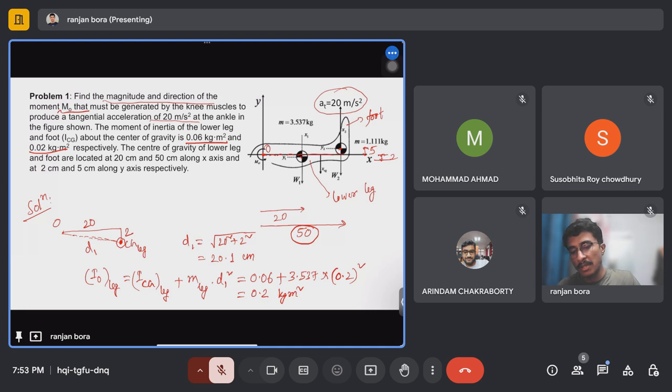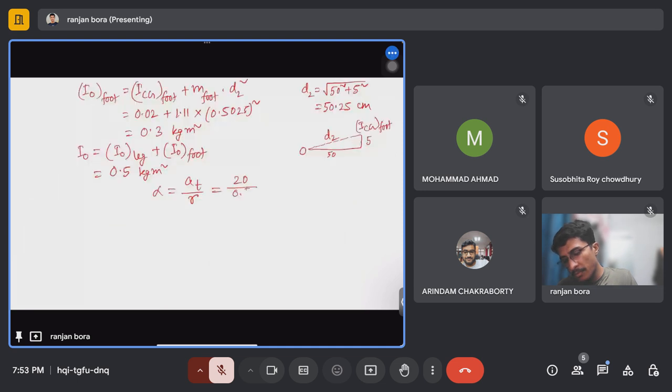That's why we need to consider this distance 50. 20 by 0.5, it will be 40. Its unit is radian per second square.